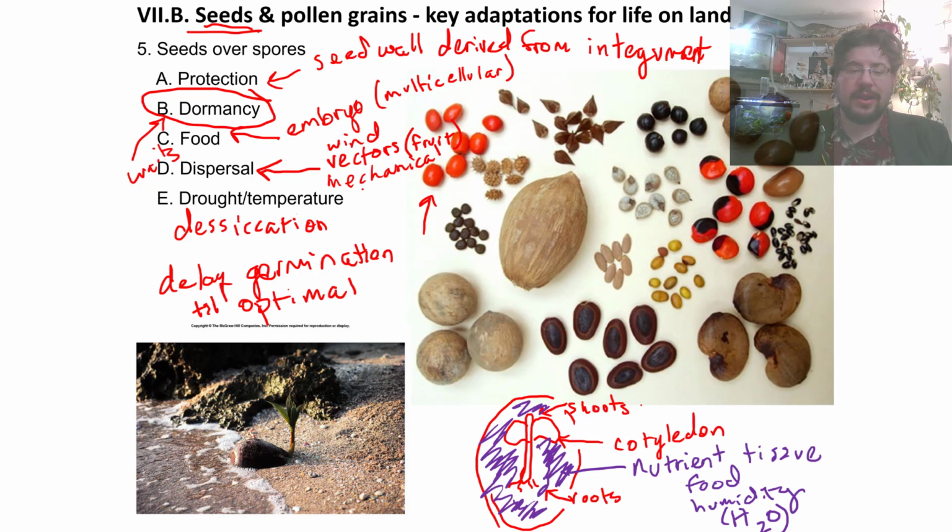Even water is a dispersal mechanism. We have our coconut right here. It drops its seed and it rolls off into the water, and the currents disperse it so that coconut trees can colonize multiple different islands.